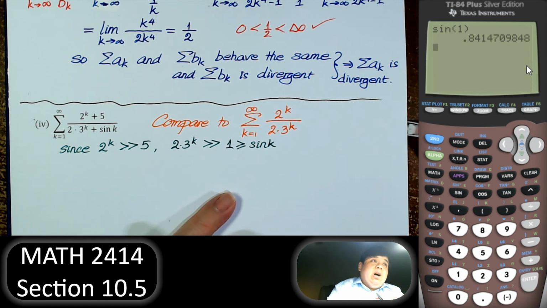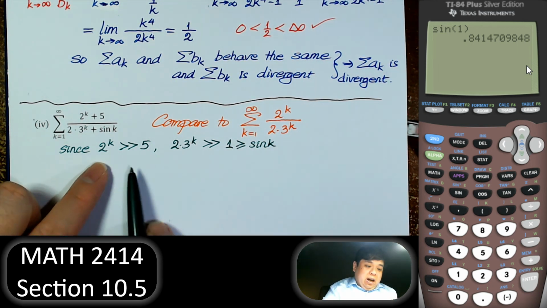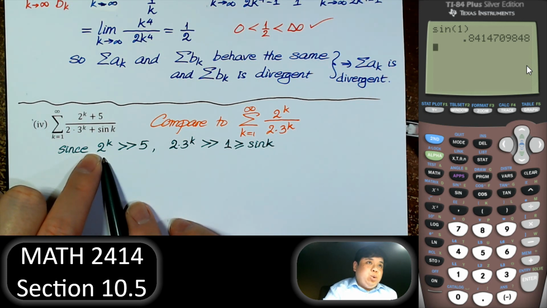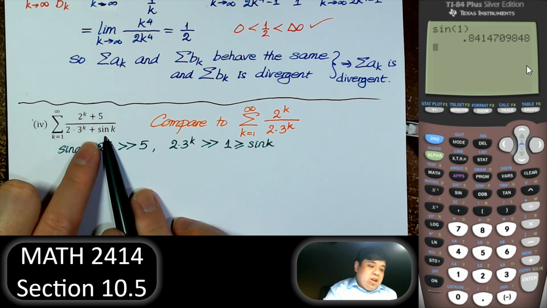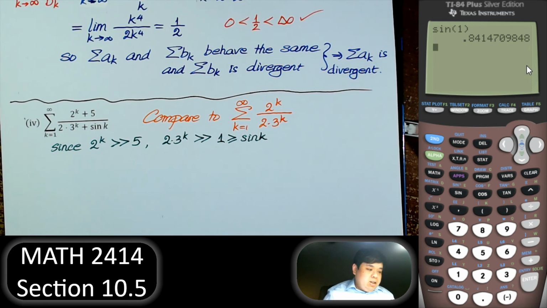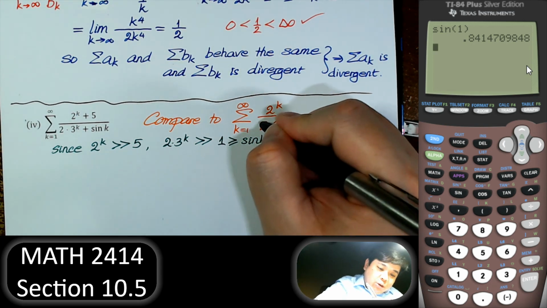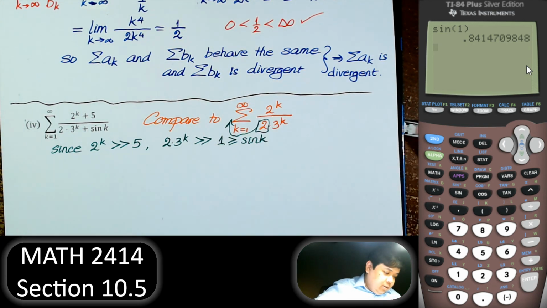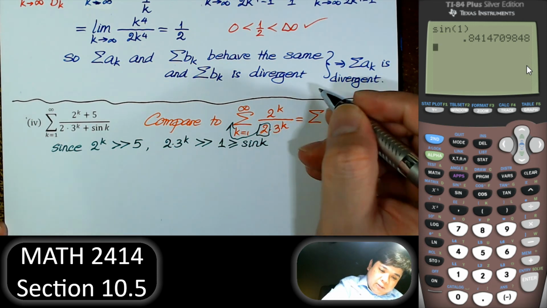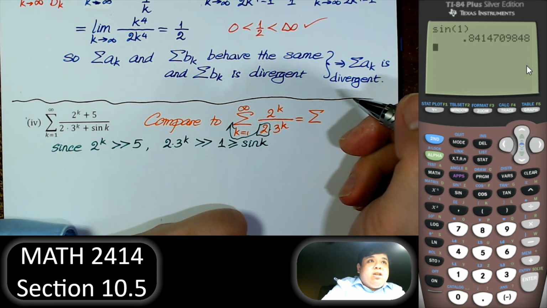So another way to say this is that the 5 is negligible compared to 2 to the k, and the sine k is negligible compared to that. So we just drop it. Right, and we can take the 2 outside. Or not, it doesn't really matter though.